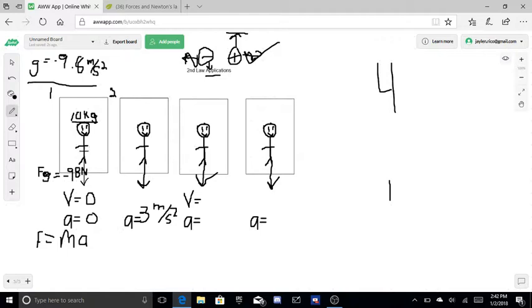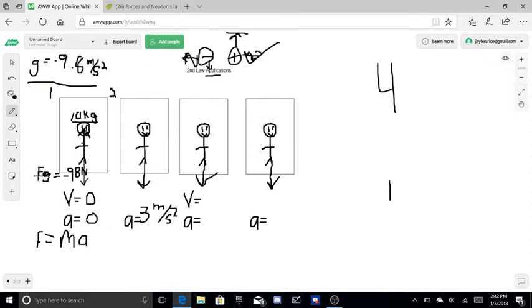Oh yeah, here his normal force is just the opposite of the force of gravity, because he's at rest and his feet are, well, technically not on the floor, but let's just say they're on the floor, at a 90-degree angle.